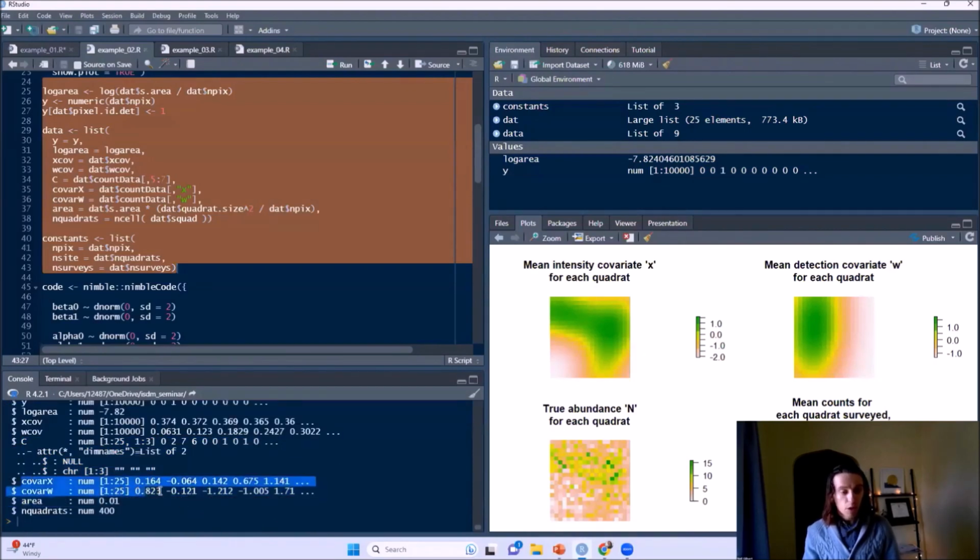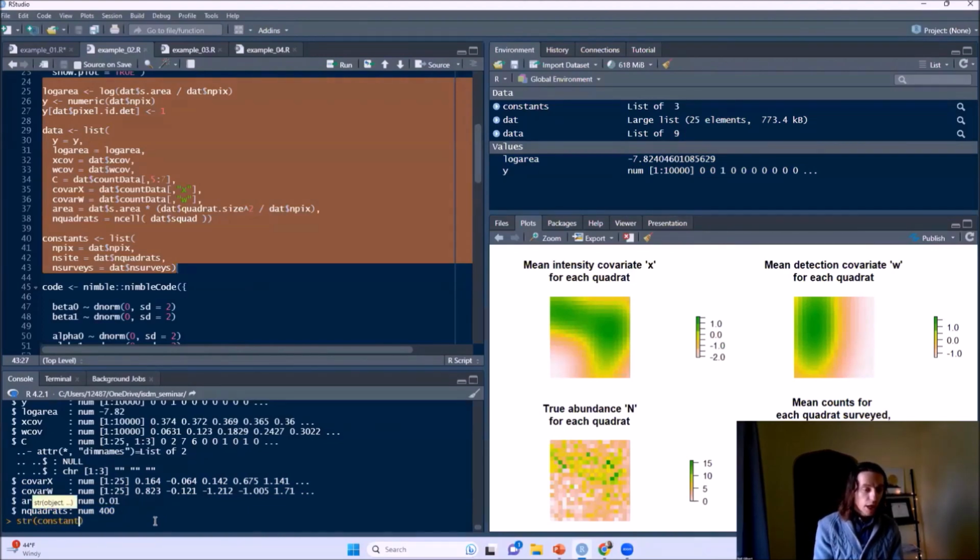And then we've got those same covariates I mentioned previously, but aggregated to that coarser scale for those cells where we have the count data. And then area is the area of those coarser resolution quadrats. And then n quadrats is the number of those coarser resolution cells across this landscape.